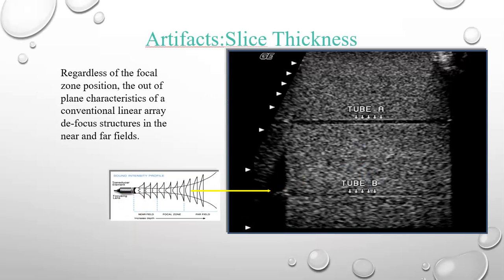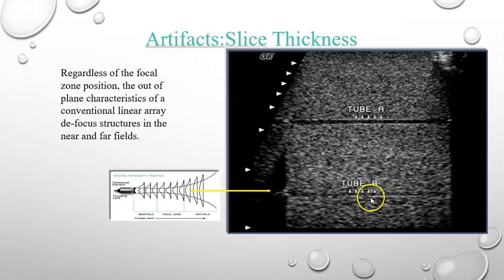As an example of that, we have 2 tubes in phantoms here that are exactly the same size, but the beam at the depth of tube A is smaller than the beam thickness at tube B, and so tube B gets averaged in with the tissue in front of and behind it and becomes very difficult to see in this case.